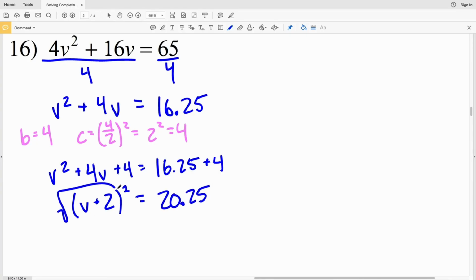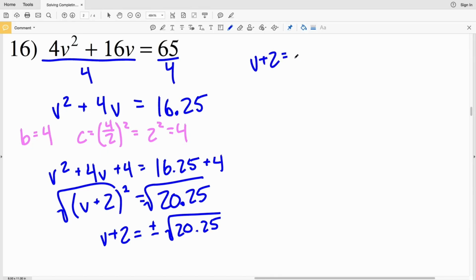20.25. So taking the square root of both sides, I'll get that v plus 2 equals positive or negative square root of 20.25. So that means that v plus 2 equals a positive square root of 20.25, and v plus 2 equals negative square root of 20.25.